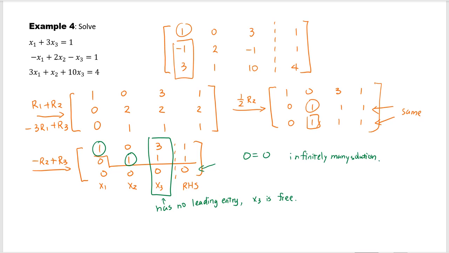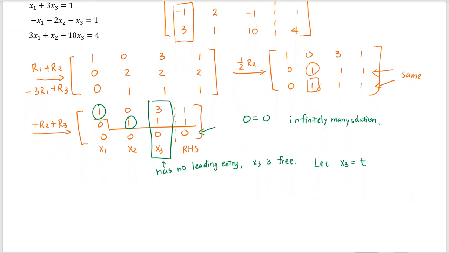And because x3 is free, we can let x3 be t, the parameter t, okay? And now, what's next? So the second row tells us 1 x2 plus 1 x3 equals 1.